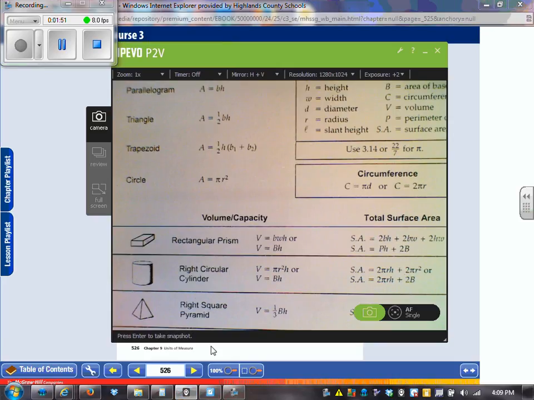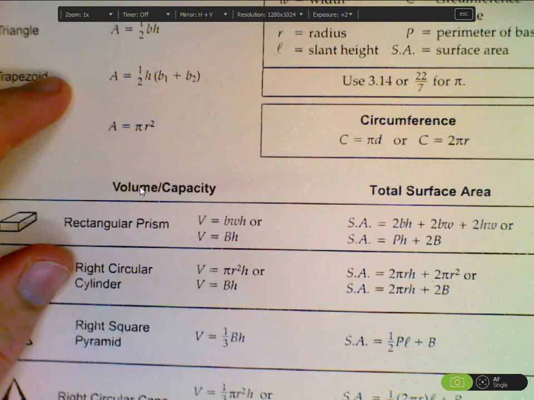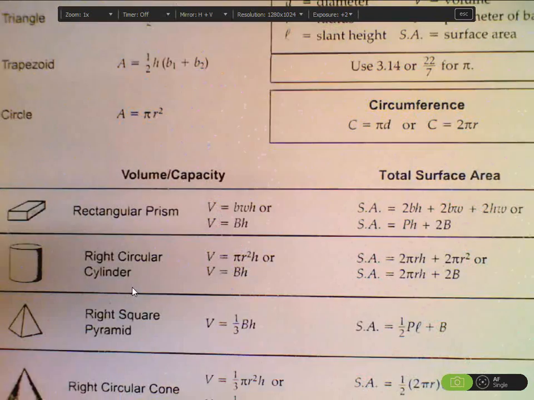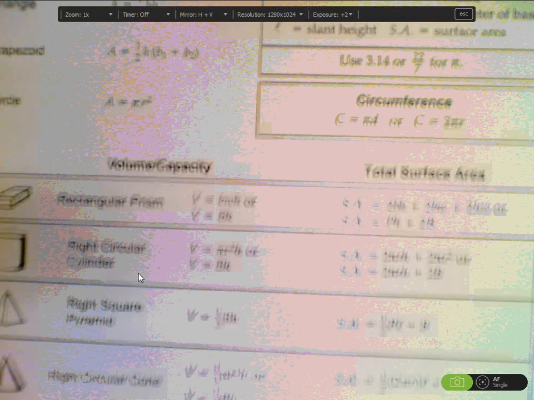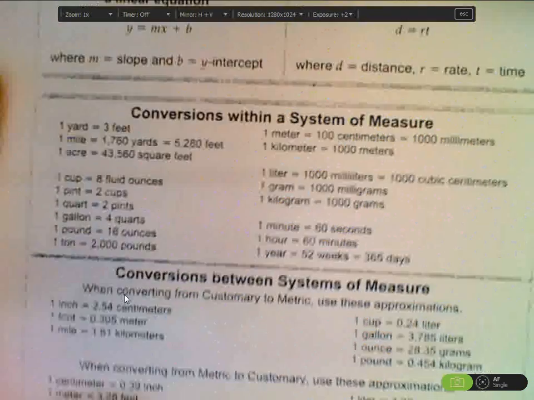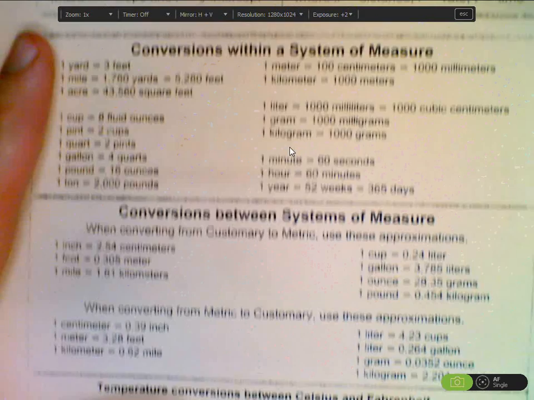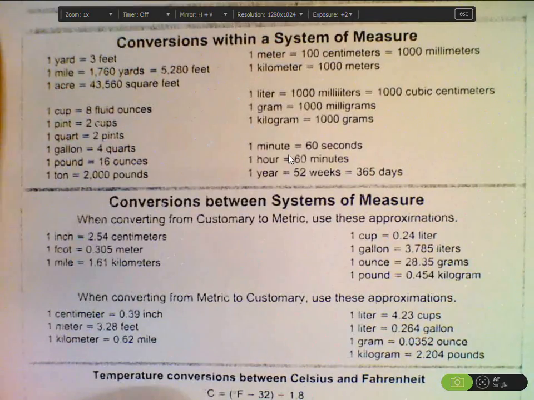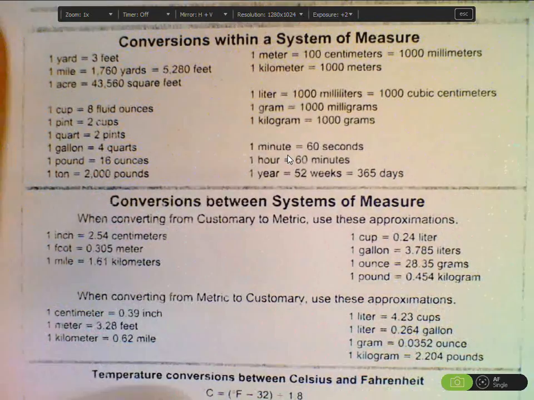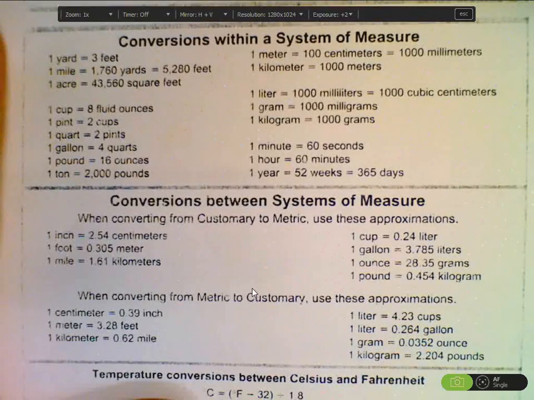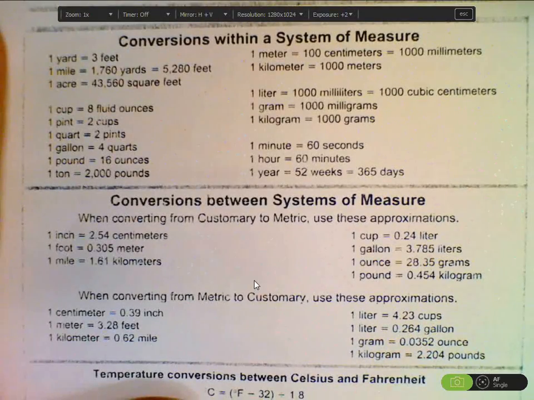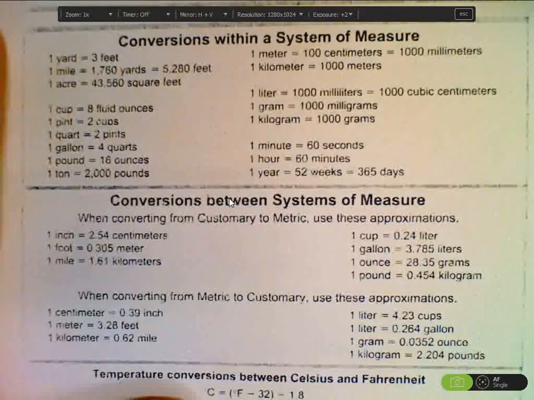Your reference sheet has the conversions that you can use on FCAT, because you can use your reference sheet on FCAT. I'm going to leave this up just for a second so that you can see these conversions. If you don't have this reference sheet at home, just know that there is a reference sheet in the back of the book that has the same conversions on it. I'll leave this up so you can pause it and use it if you need to.